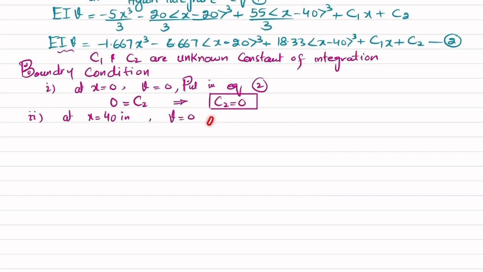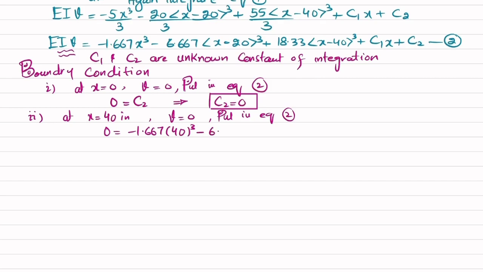So put it in equation 2. So at x this term will again be 0. So 0 is equal to minus 1.667 into 40 cube. Clear?